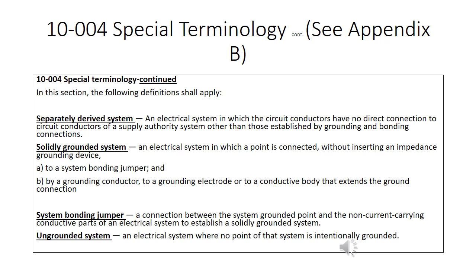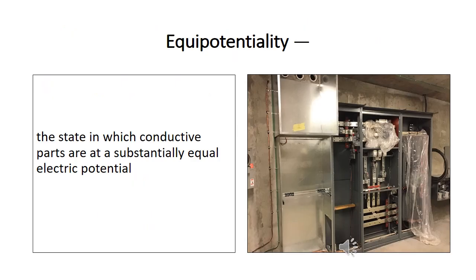Equipotentiality. The primary function of bonding, as described in this item, is to provide a low impedance path to facilitate the operation of protective devices under ground fault conditions. By interconnecting the non-current carrying conductive parts of electrical equipment, bonding also establishes equal potentiality between the equipment.